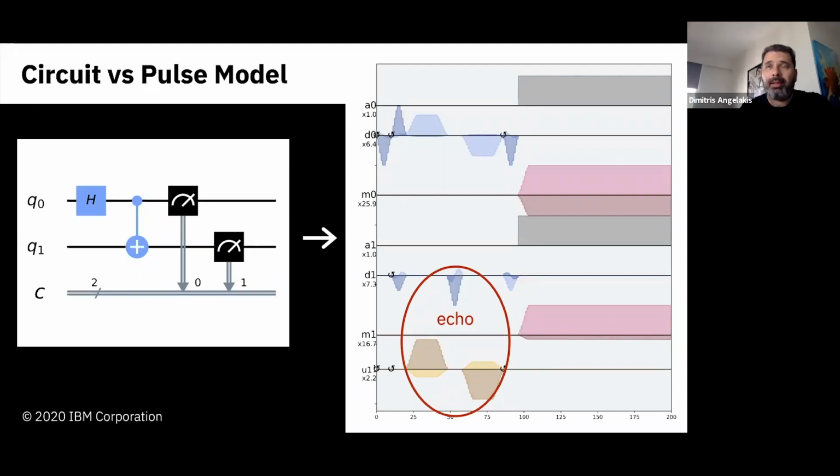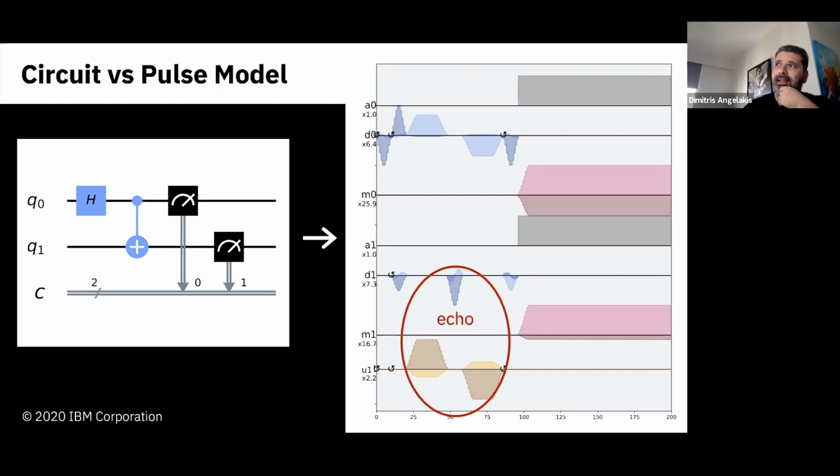Please. Bartis, also from CQT. How much is the leakage error for the DRAG pulses? That's a great question. I guess it depends on the pulse, right?